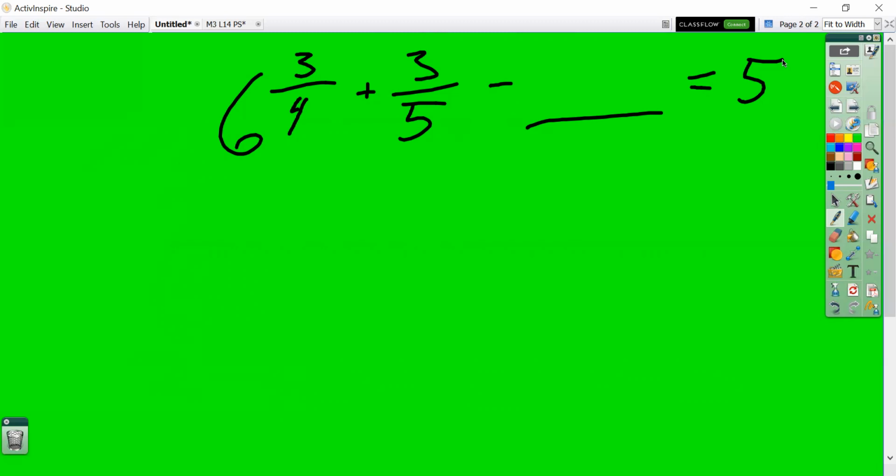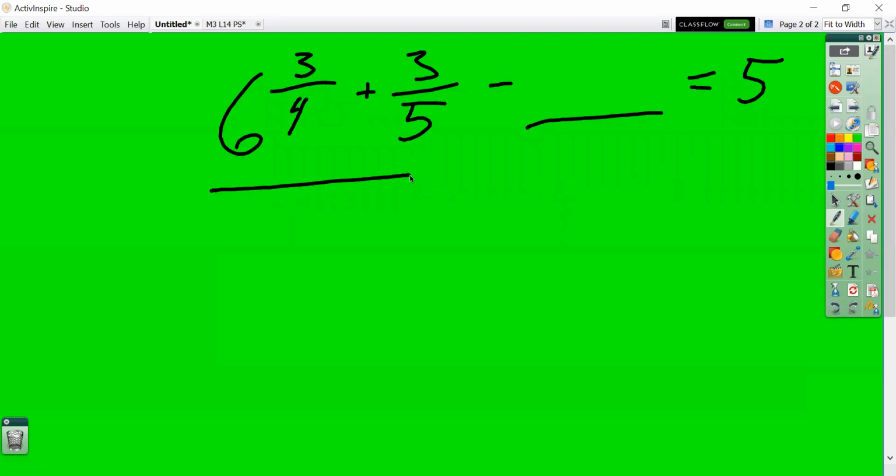So really, what we're going to do is think about how we can do this with algebra, okay? Because we have to think about how to get this blank by itself. So we know that this side, because it's an equal sign, needs to equal 5.